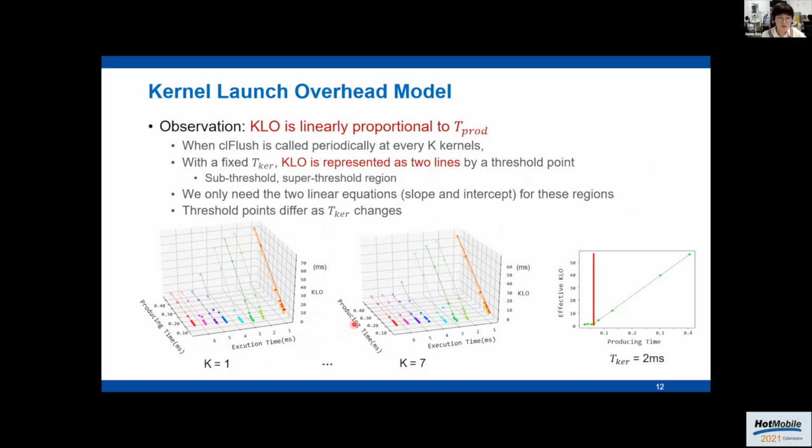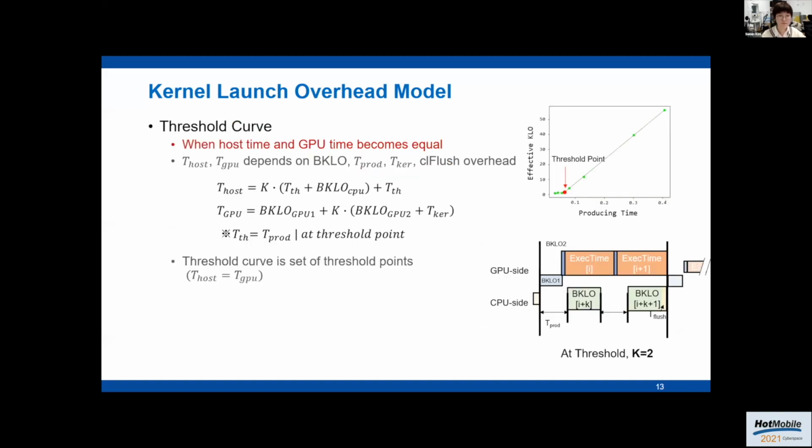With a fixed tcur, the clock is represented as two lines that intersect at a threshold point, and we only need to figure out the linear equation for these regions. The threshold curve is a set of threshold points that divide the two lines, and it corresponds to the case in which host time and GPU time become equal.